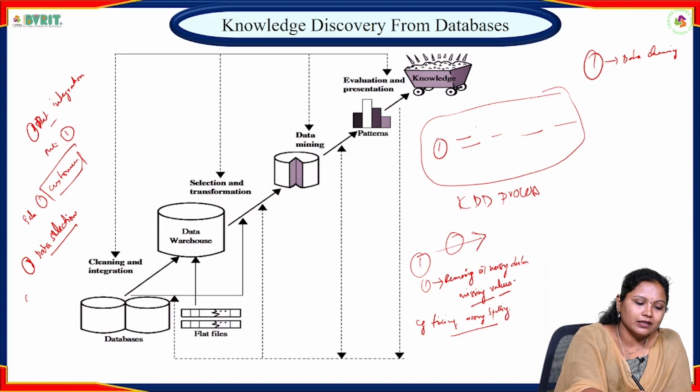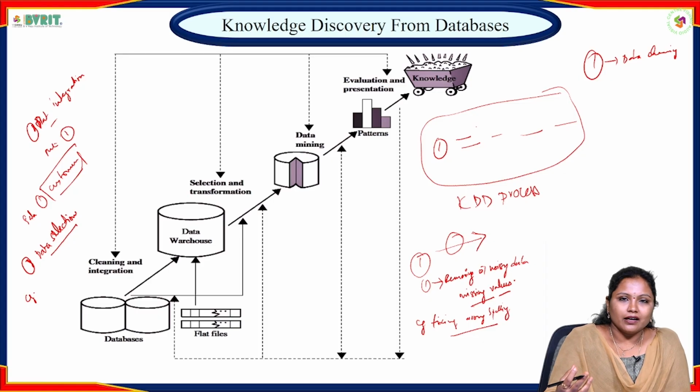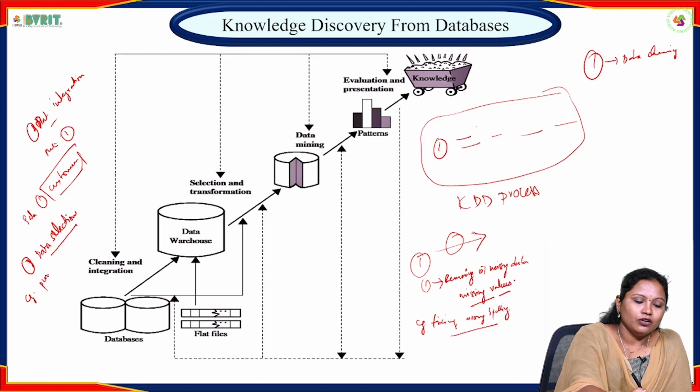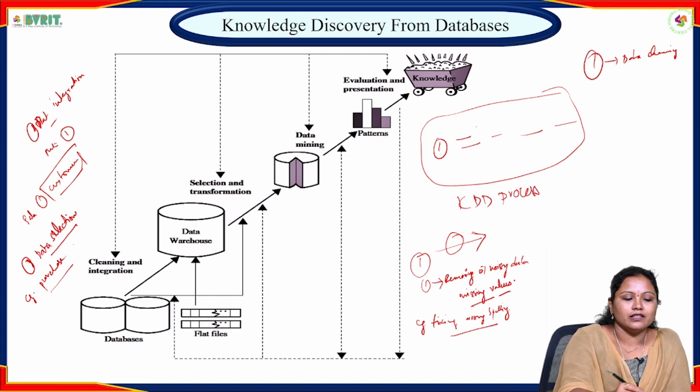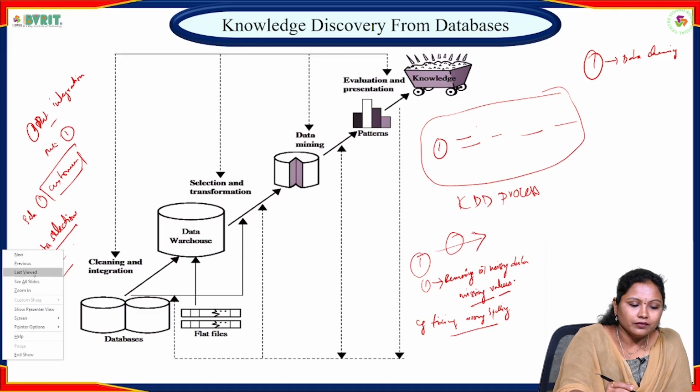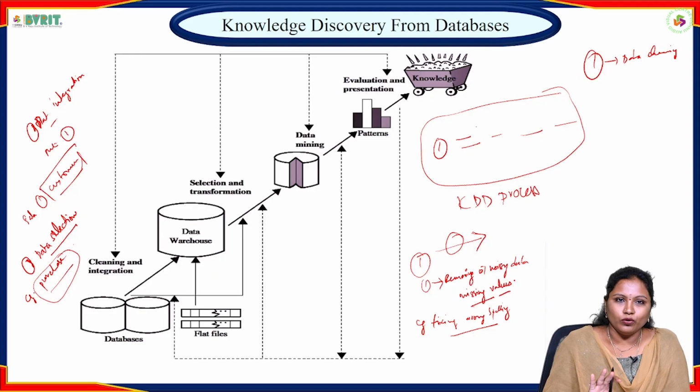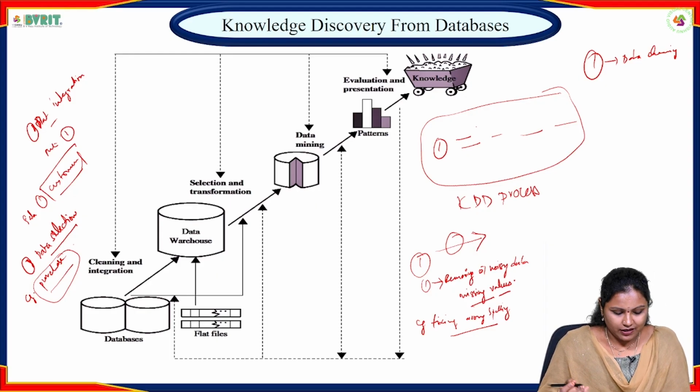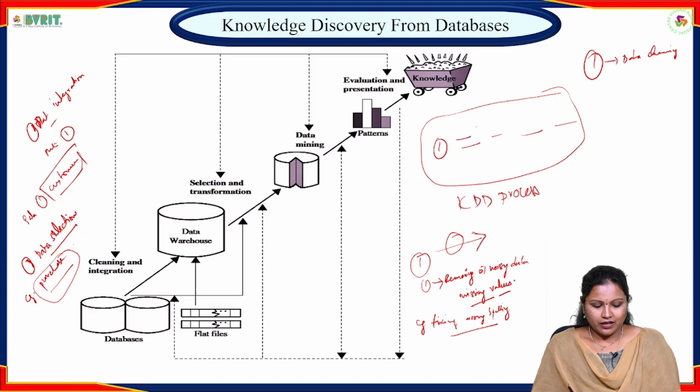I mean the example is collecting or selecting the data only on purchase, not on all sales, not everything. So we are considering only purchase from the company details. We require only purchase data, so that is the reason we are collecting only purchase data. That is data selection.